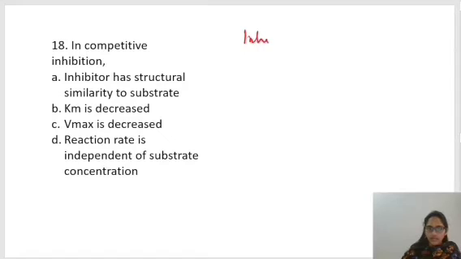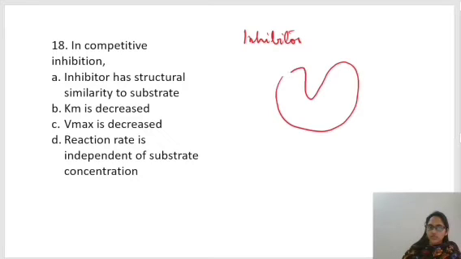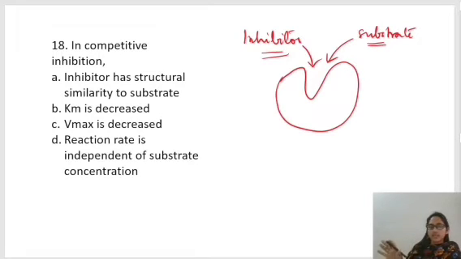The inhibitor will be a substrate analog and will compete with the substrate for the active site of the enzyme. It should have structural similarity to the substrate; only then can it bind to the active site of the enzyme.